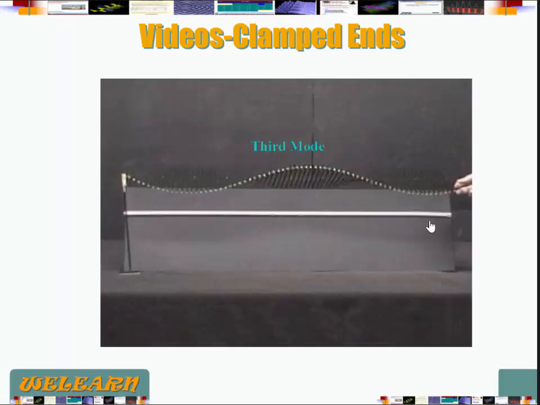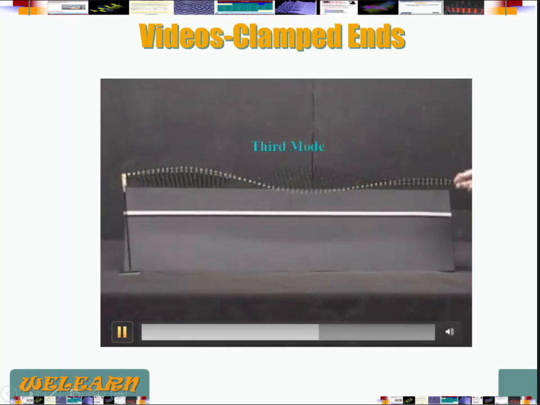One segment, two segments, and three segments. So one node, two nodes, and then the ones at the end. The ends, they are always nodes in this case because they are fixed ends. Okay, we go to the fourth harmonic.